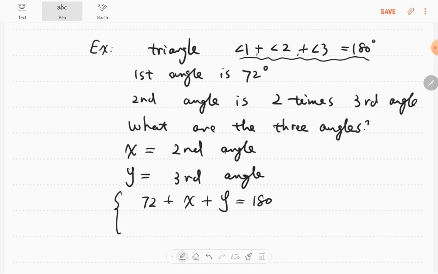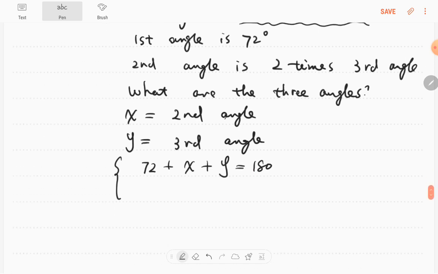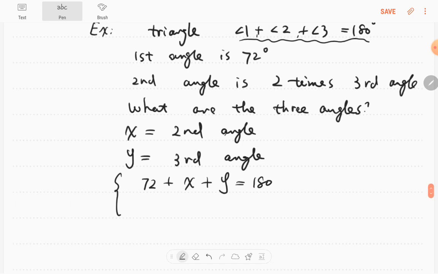That's the property of a triangle, right? And we also have another clue. The second angle, which is our x, is 2 times the third, which is our y. So x is equal to 2y.